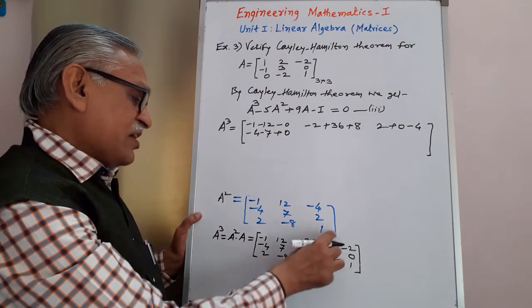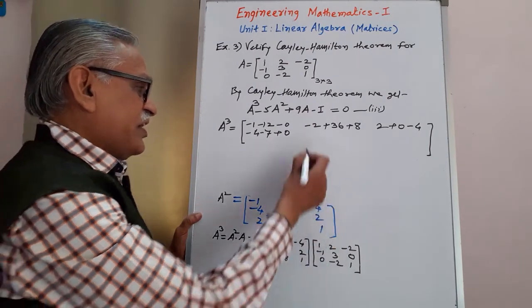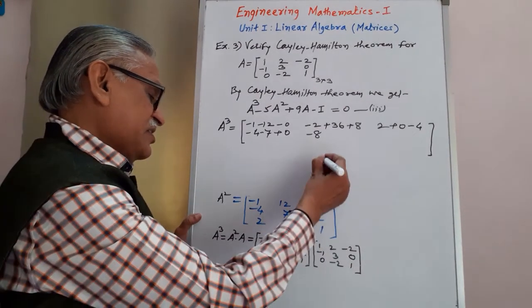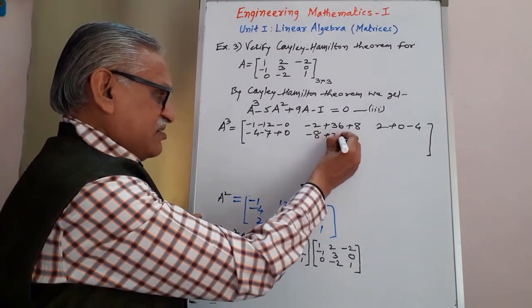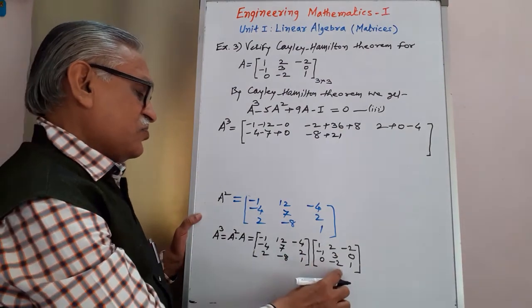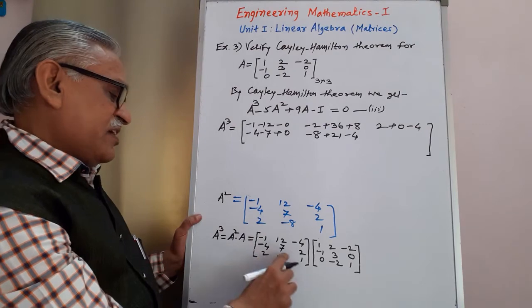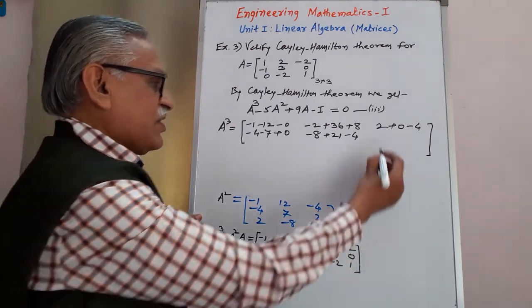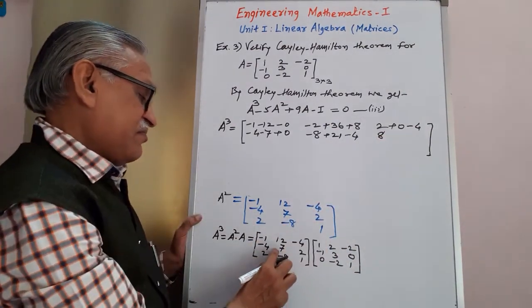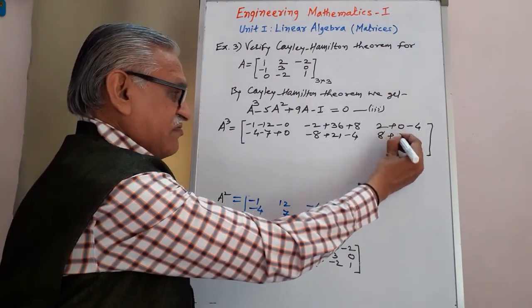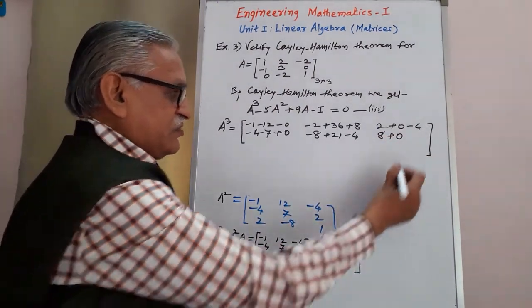Then this row to that second column: 4 twos are 8, minus 8, 7 threes are 21, and 2 into minus 2, minus 4. By the same row to the third column: plus 8, 0, and plus 2.